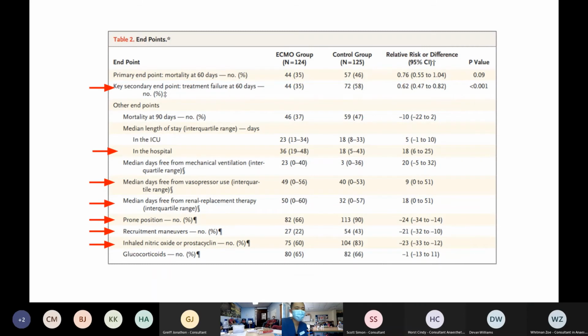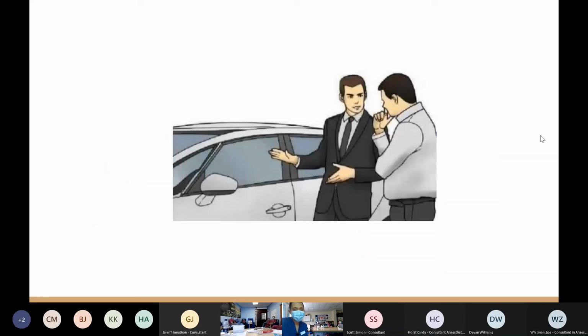I felt that the authors didn't sell this paper very well, because I felt that it was underpowered, but one of the key secondary outcome endpoints showed quite a significant outcome, whereby there is a significantly higher chance of treatment failure in the control group. So, I mean, if you're trying to sell a car, I don't think that the authors are selling it very well.